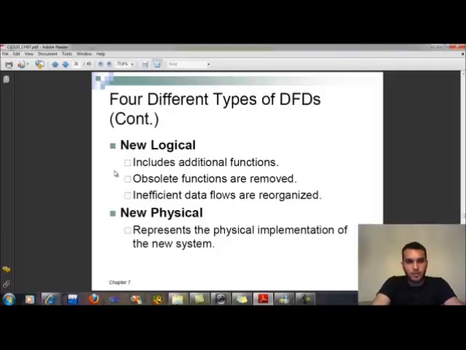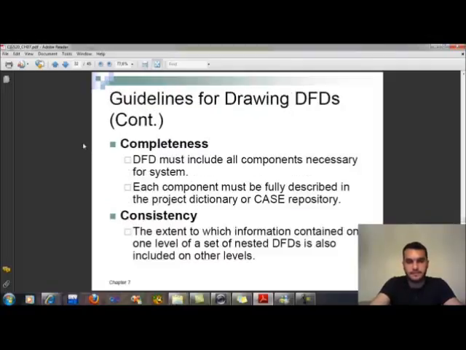The third one is new logical, which includes additional functions, obsolete functions are removed, and inefficient data flows are reorganized. And the last one is new physical, which represents the physical implementation of the new system.